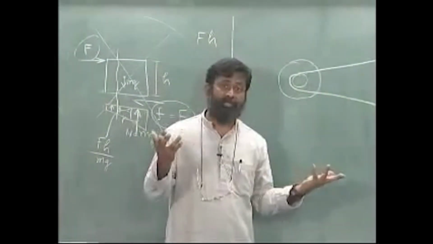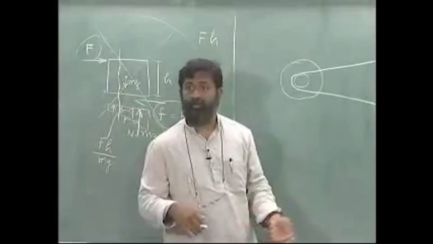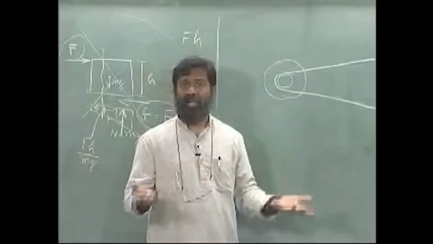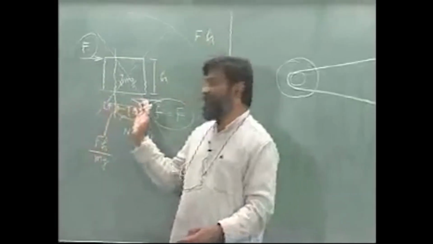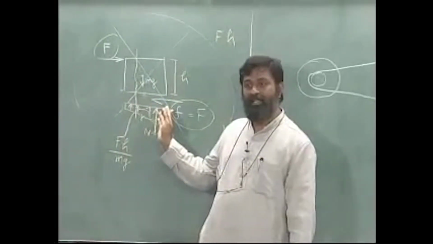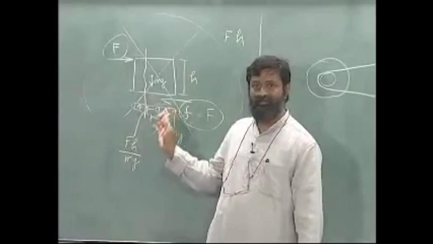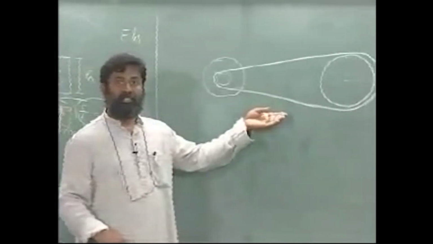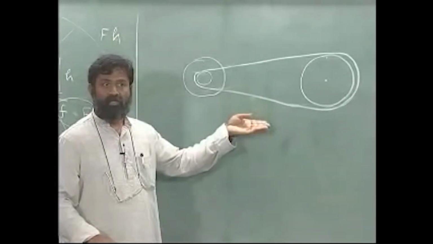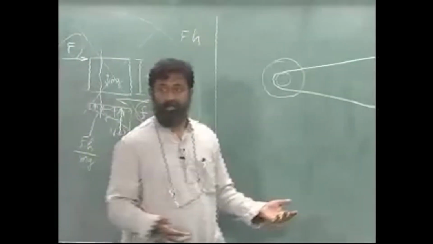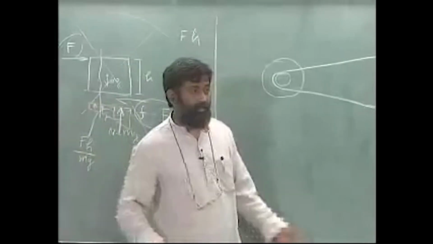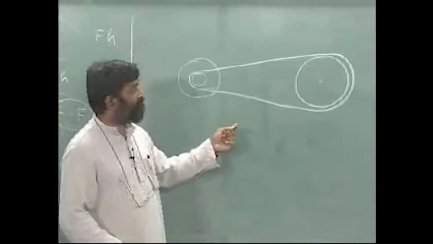Okay. There could be slipping, there need not be slipping. The two conditions are handled very similar to handling motion and statics over here. Okay. So, let us do this kind of a problem, because this is one of the problems that we will encounter in mechanical engineering and similar engineering applications.